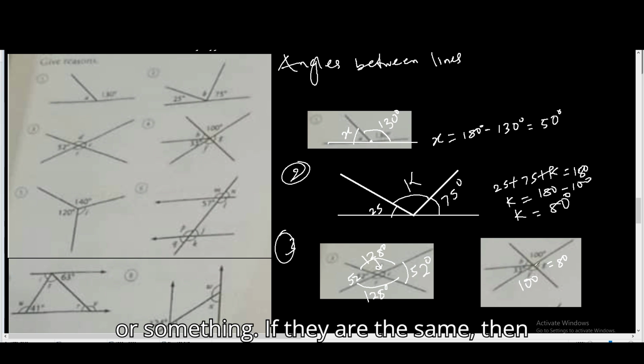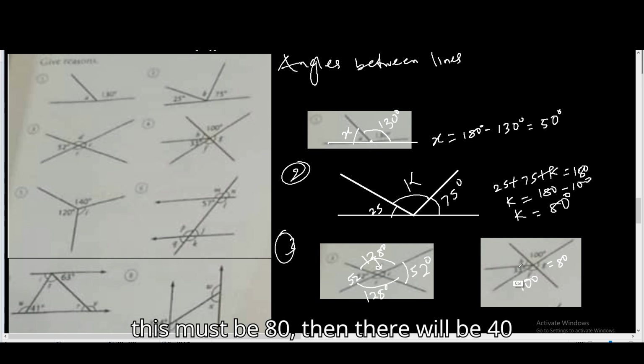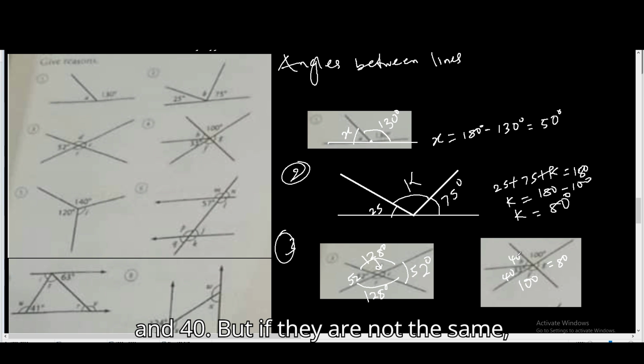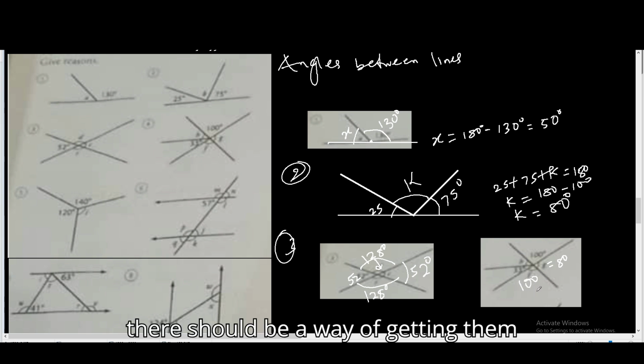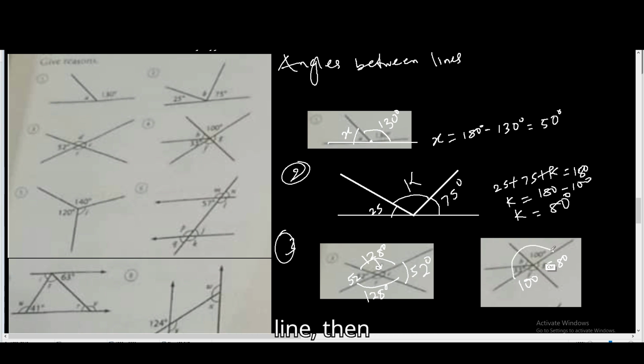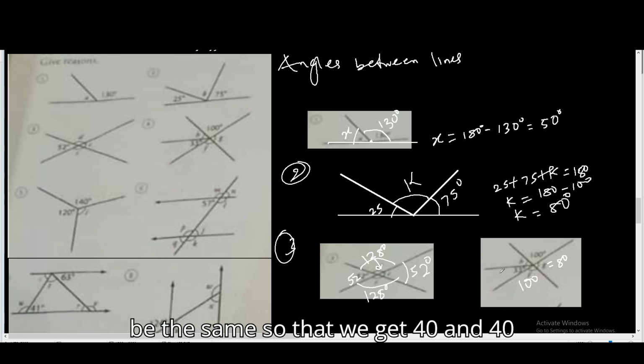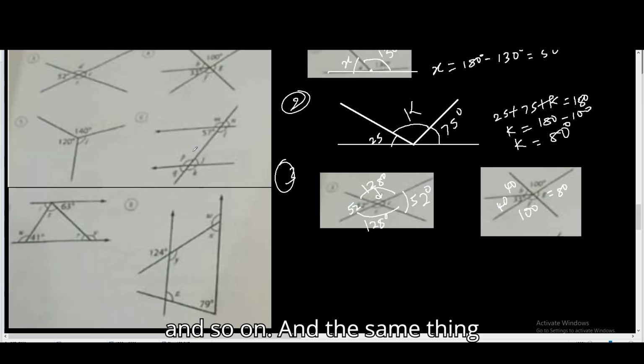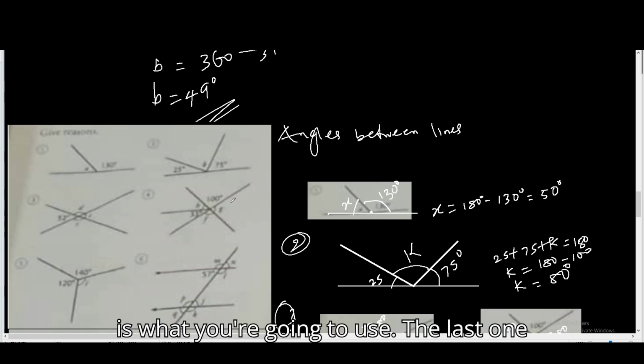If they are the same, then this must be 80. Then there will be 40 and 40. But if they are not the same, there should be a way of getting them done. Let's say this is on a line. Then this is also on a line. So they better be the same so that we get 40 and 40 and so on. And the same thing is what you're going to use.